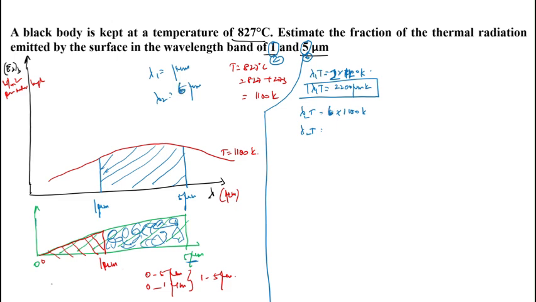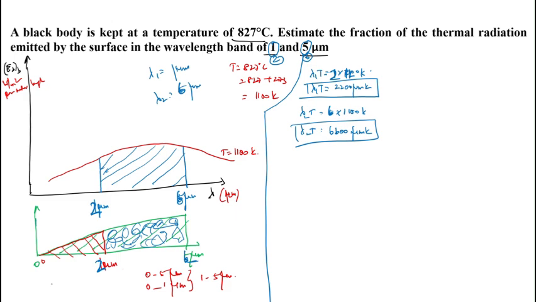Lambda 1 is 2. We need 2 to 6 micrometer. So 6 into 1100, we get 6600 micrometer Kelvin.